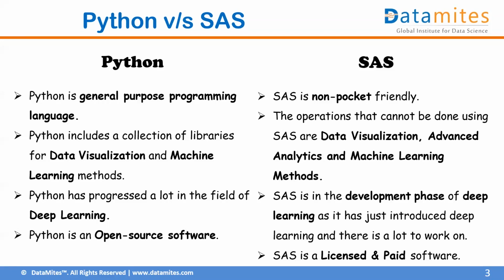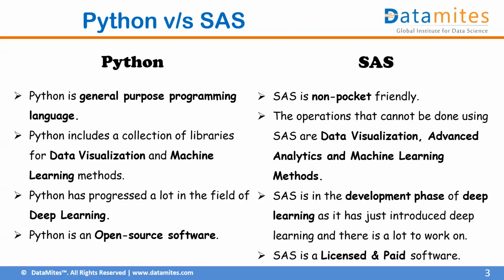Coming to SAS, it is not pocket friendly. In order to access some of the things provided by SAS, we need to pay. For example, if it provides some cloud support, we need to pay a certain sum to access it. But in case of Python, it is not like that.